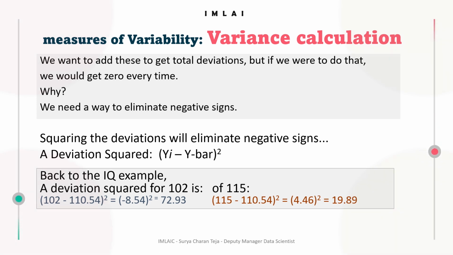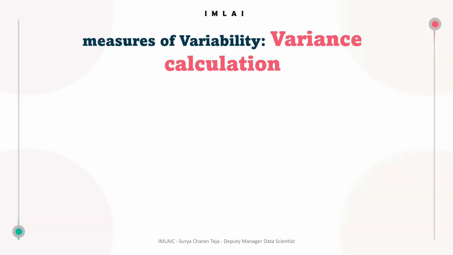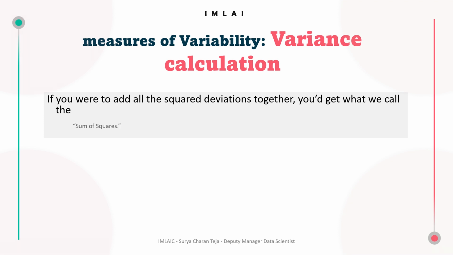Now what's next? We have suppressed the negative deviations using the square method, so now we have to put all the steps together to calculate the variance. If you add all the squared deviations together, you get what we call the sum of squares.